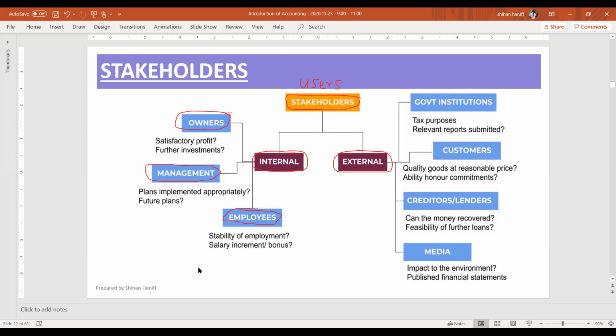Then we have external stakeholders outside the business: government institutions, customers, suppliers, creditors, banks, any loan providers, and media. So they are external. There can be more, like competitors and pressure groups. So there are many external parties who use our information.